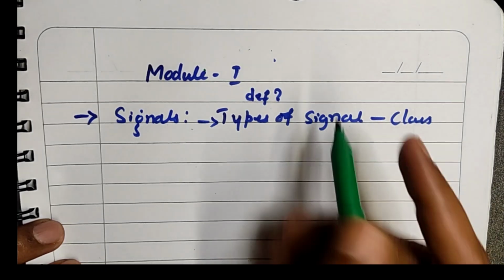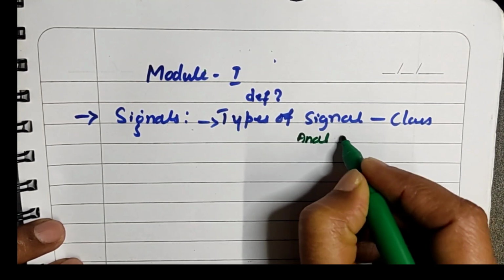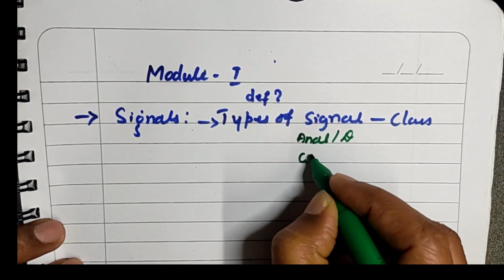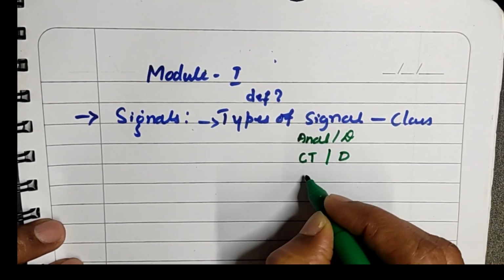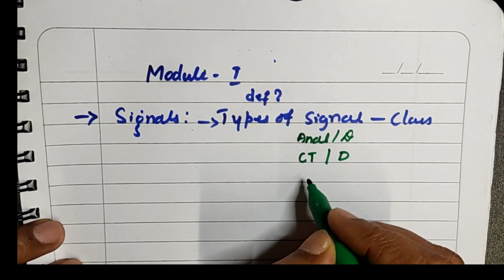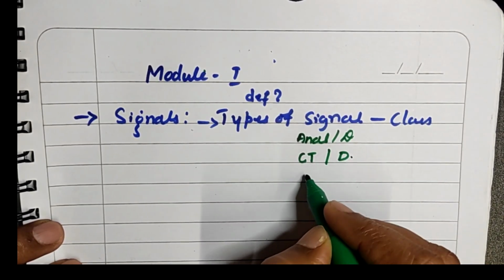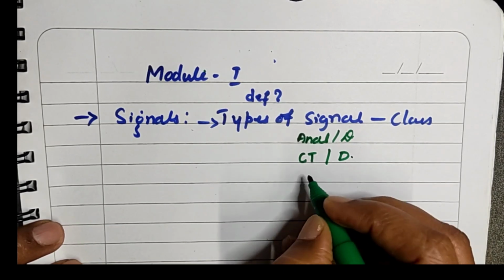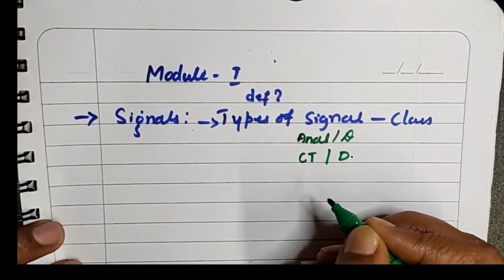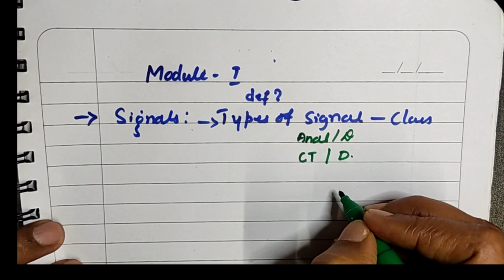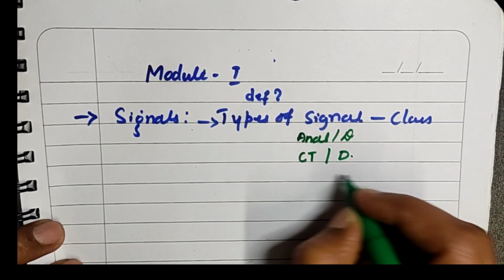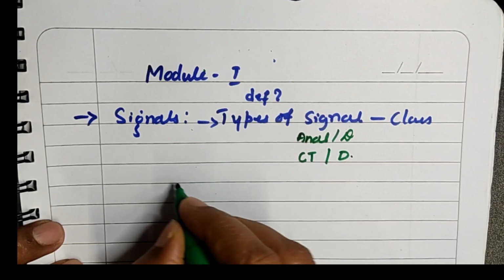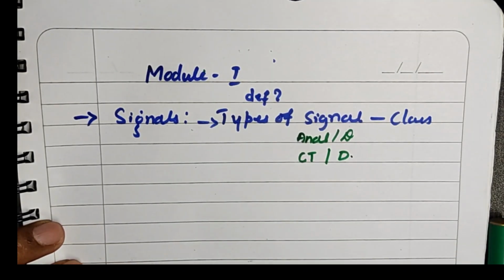Among them: analog and digital signals, continuous and discrete signals, power signals, energy signals, periodic and non-periodic signals, random and non-random signals, definite signals, and so on. After these classifications, we go ahead with the basic operations.